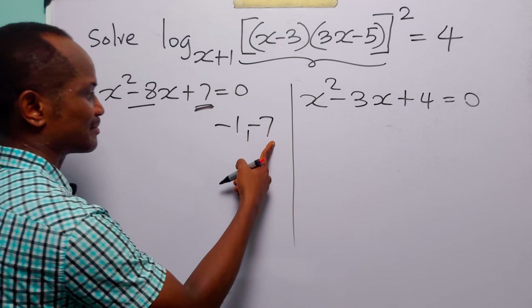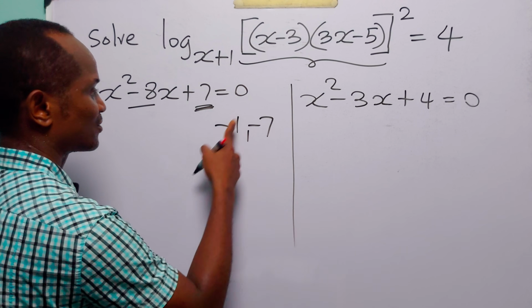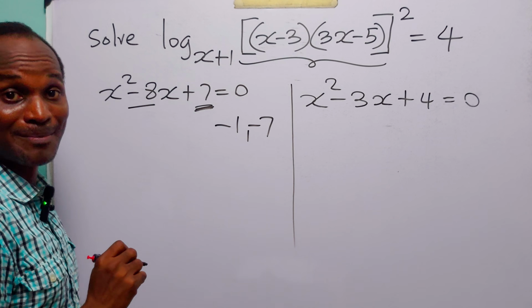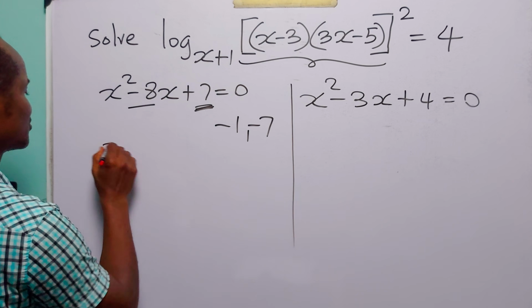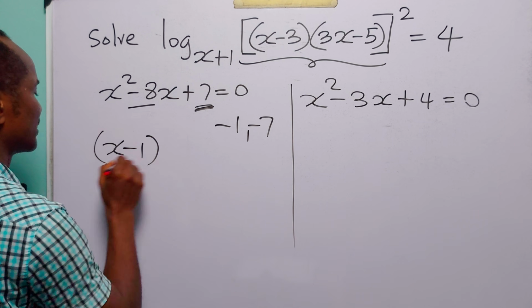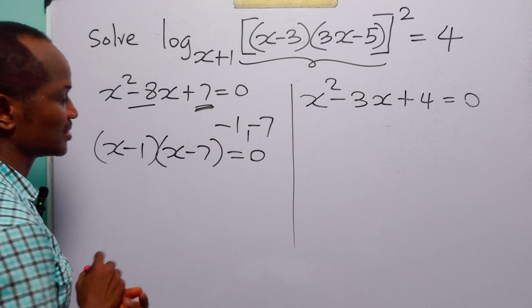Because minus 1 times minus 7 is going to give us plus 7, while minus 1 minus 7 is going to give us minus 8. So we can factorize the left-hand side of this equation as x minus 1 multiplied by x minus 7 is equal to 0.